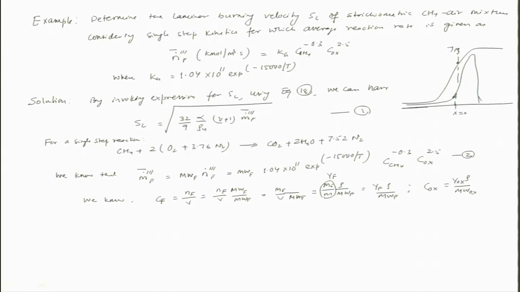T ignition we already know, I am saying this is basically some average temperature in the reaction zone, which is equal to 0.75 T adiabatic plus 0.25 TU.